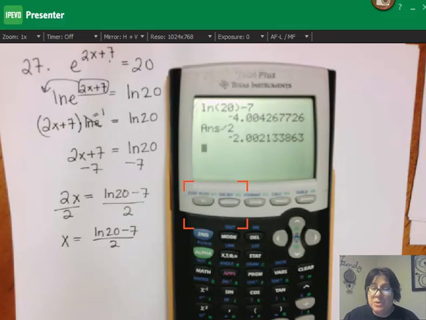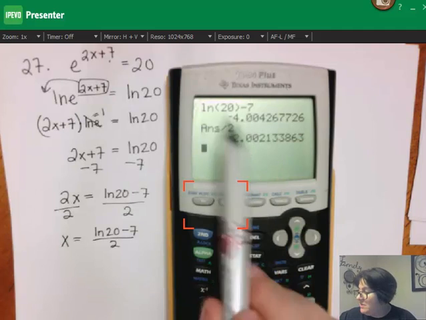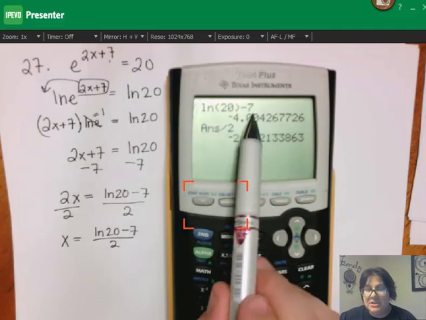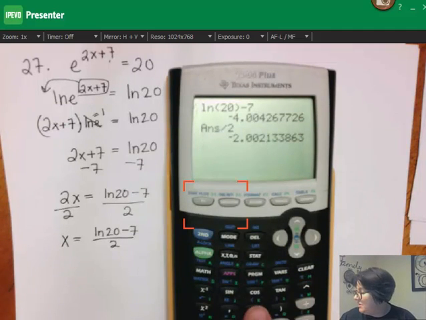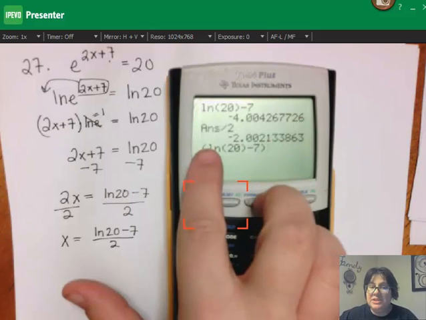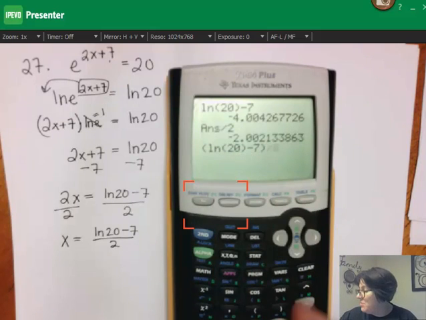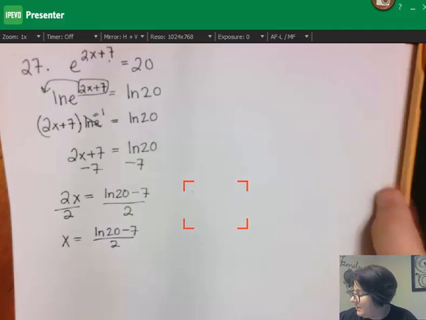If you want to do it all in one line, you have to make sure to put this numerator in parentheses. So natural log of 20 parenthesis minus 7 parenthesis, so that it does that whole answer and divides that whole answer by 2. Okay, so just be careful on that one. Type it on your calculator.